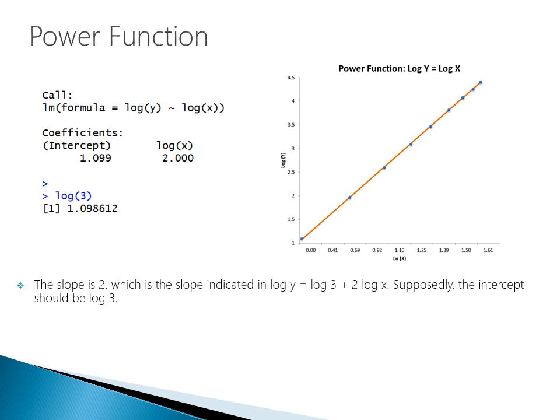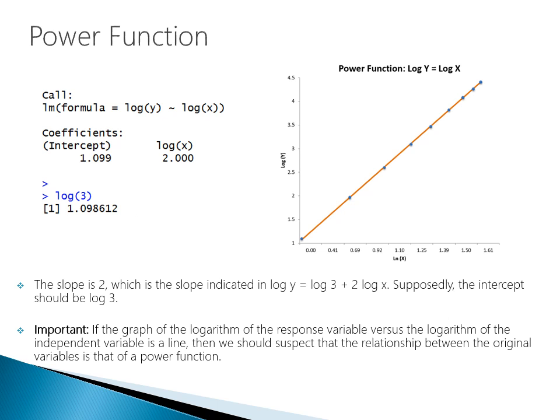And when this happens, all the data points, if I graphically represent them, will show a straight line as a linear relationship instead of the nonlinear relationship. What's important is that if the graph of the logarithm of the response variable versus the logarithm of the independent variable is this straight line, then we should suspect that the relationship between the original variables is that of a power function.